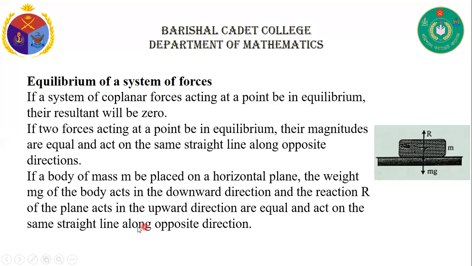They are equal and act along the same straight line in opposite directions. So the two forces are in equilibrium: mg downward and R upward, the magnitudes are the same and the directions are opposite. This is the application of this.